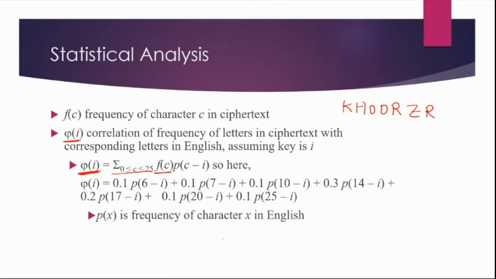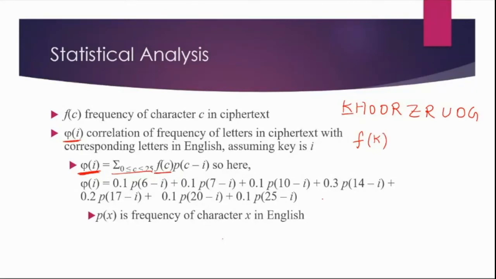Now, how can we calculate the correlation frequency? So we will say, okay, we first have to take f of c, f of k in this case. So the first letter is k. Let's talk about k, f of k.